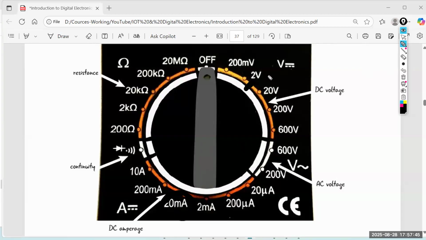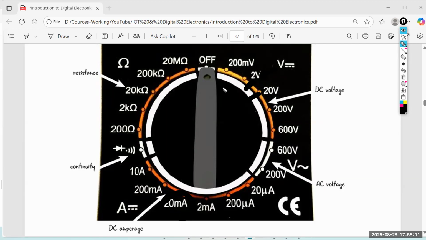Because when you set it to the correct or somewhere correct value, the sensitivity is high. Otherwise, you will get low sensitive results. When you measure about 5 volts, if you set it to something like 20 volts, your actual value will have errors. Maybe it's actually 5 volts, but you may get 4.5 volts.